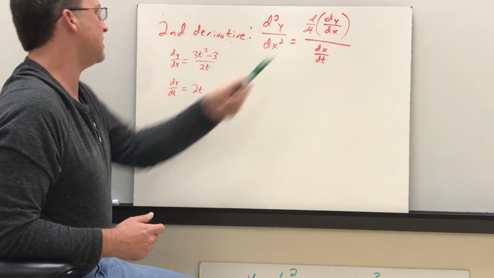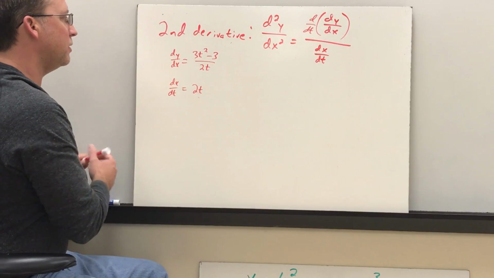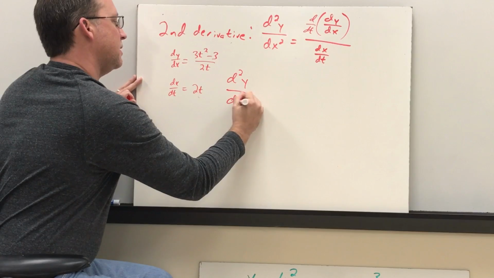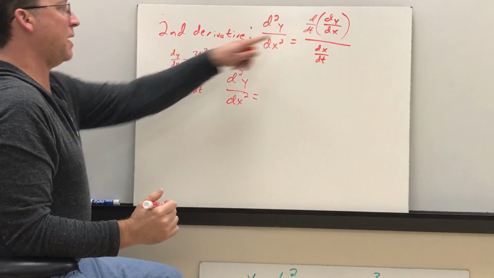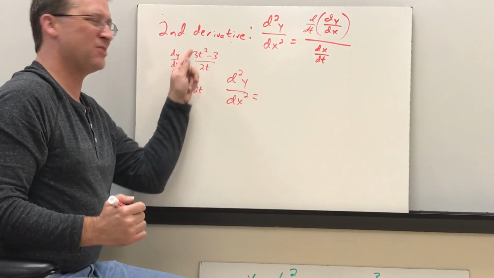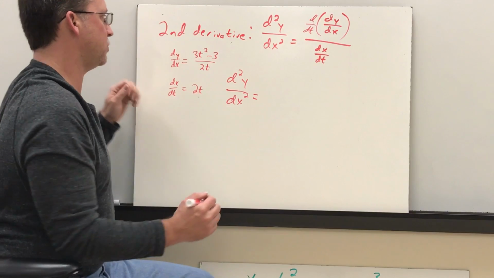So here, if I'm looking for the second derivative, that's how we write it, I start by taking the derivative of dy/dx with respect to t. That's going to require me to do some quotient rule, or do some algebra. Let's just do some quotient rule.